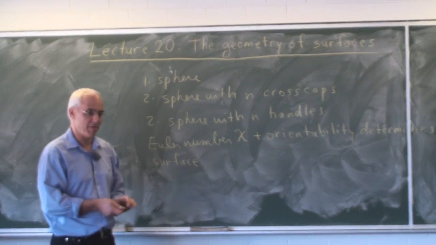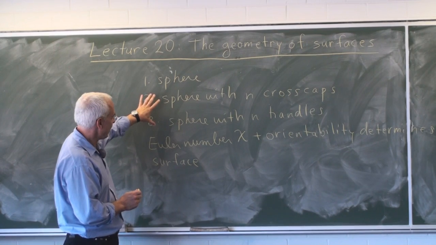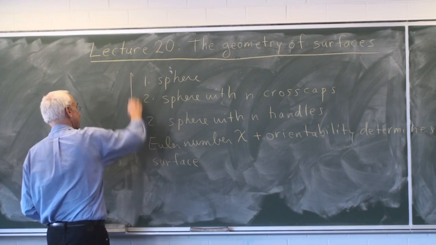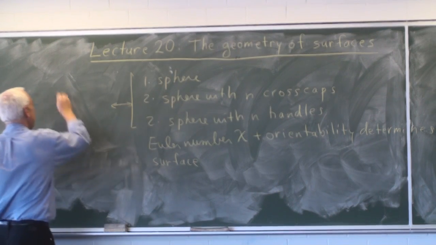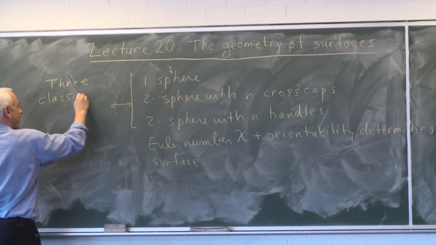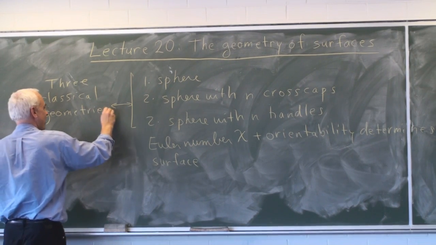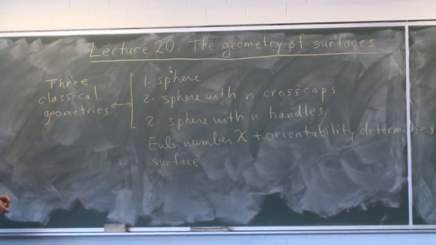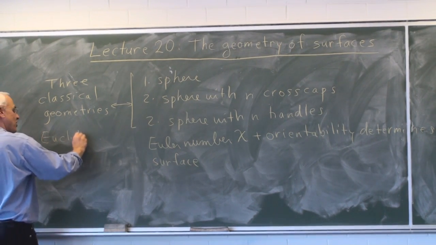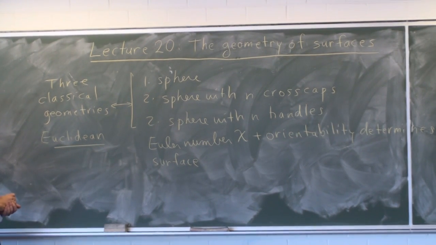I'll talk a little bit more about the three-dimensional situation later on, but today I'm going to talk a little bit about another interesting aspect of this classification, in that it naturally connects with the three classical geometries. This is something of a surprise, I suppose. So what are the three classical geometries? They are, well, I suppose the most familiar one is the standard Euclidean planar geometry that we learn in school.